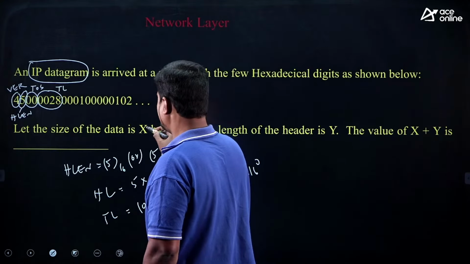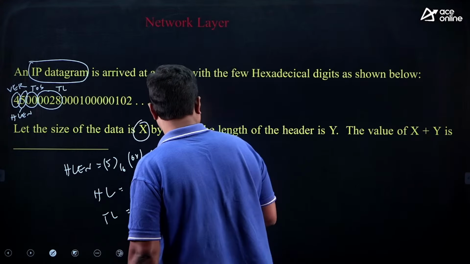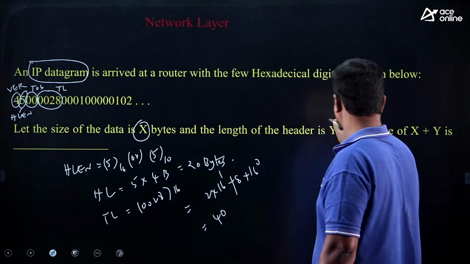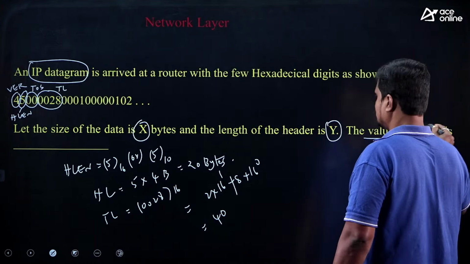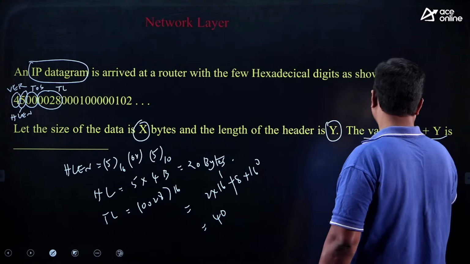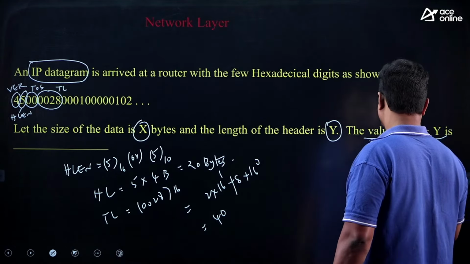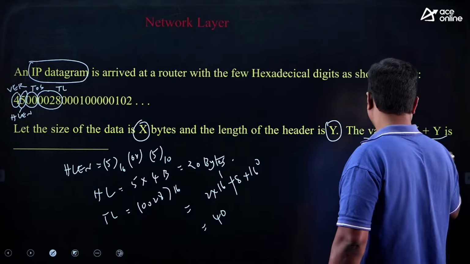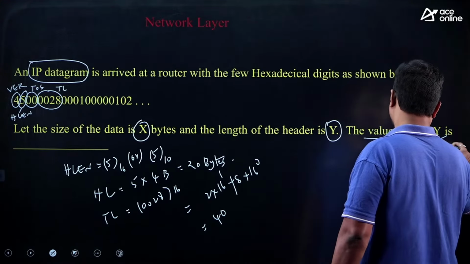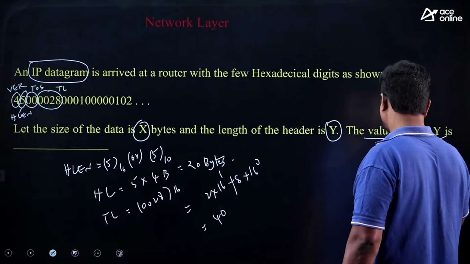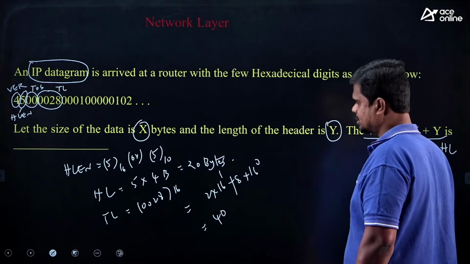So let the size of the data be x bytes and the length of the header be y. Then what is x plus y? x is the data length, plus y is the header length, right? So indirectly it is asking about the total length.